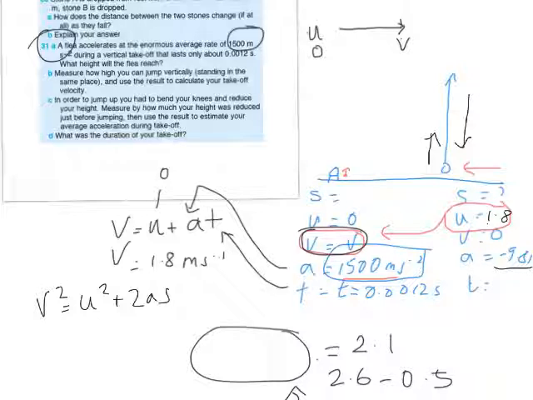Right, so v squared, we substitute those values in. We have 1.8 squared, 2 times acceleration 9.81, and we need to find s. So if we put in all our values there, v of course is 0, we should end up with a value of approximately 17 centimeters.